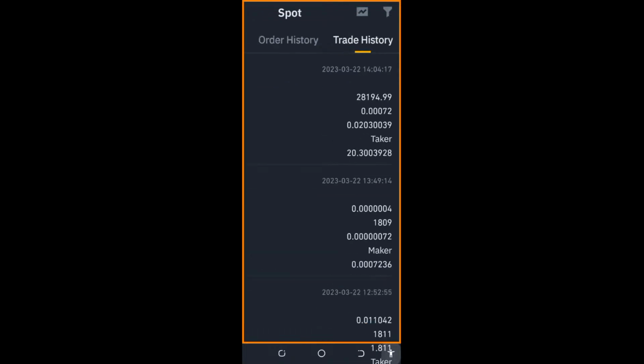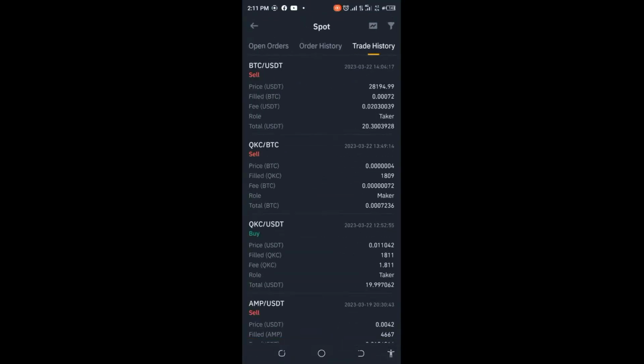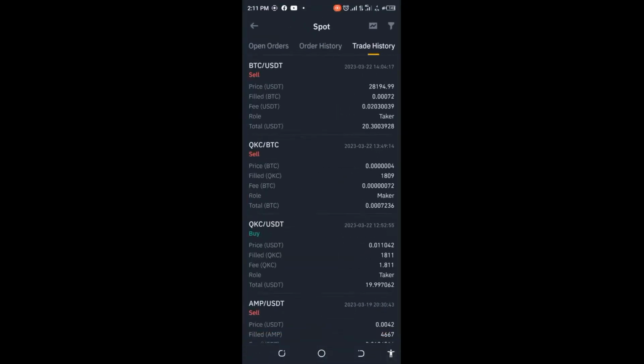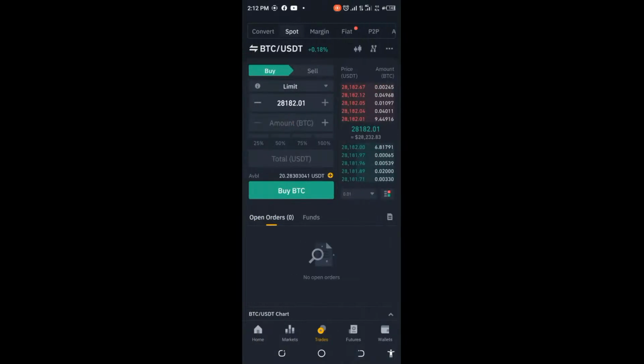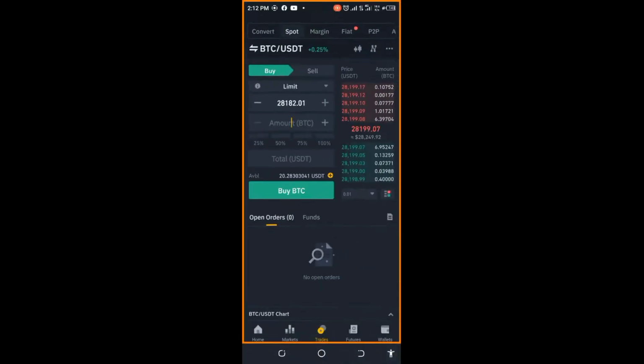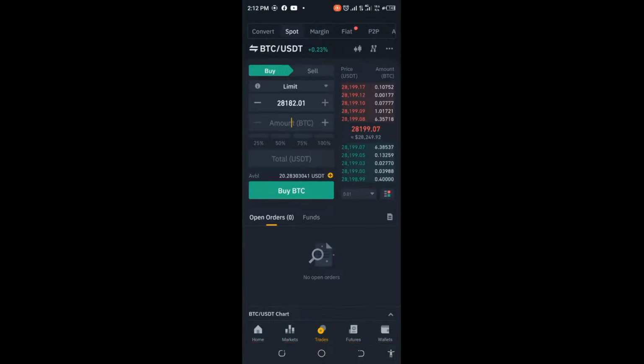That's the reason why. The entire amount, the total USDT plus the fee, was 20.30. But when they took out their 2 cents, that's why what we have here is 20.28. Yes. So just remember that the fees were taken out.